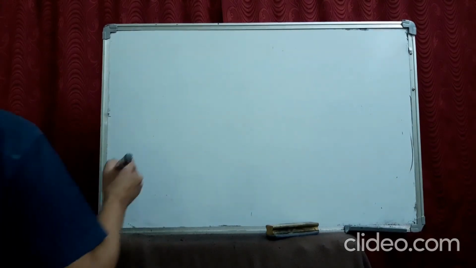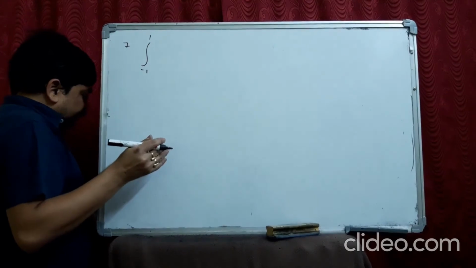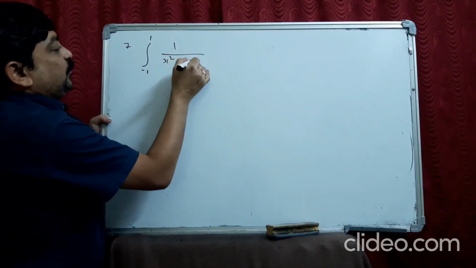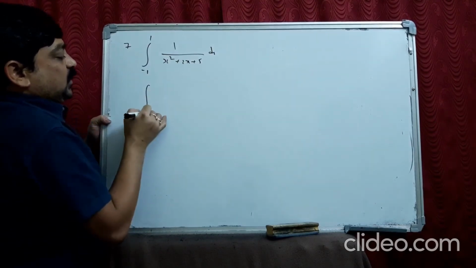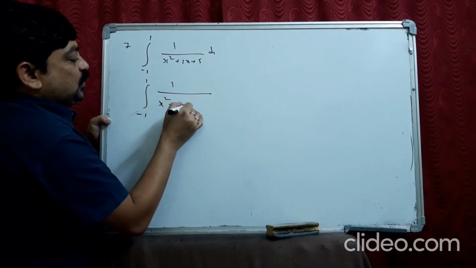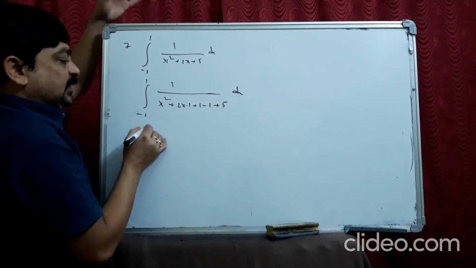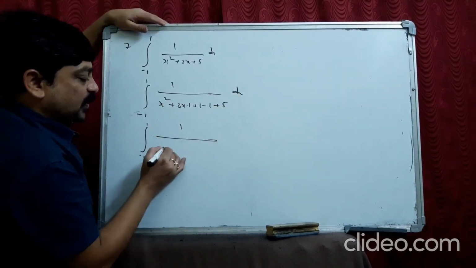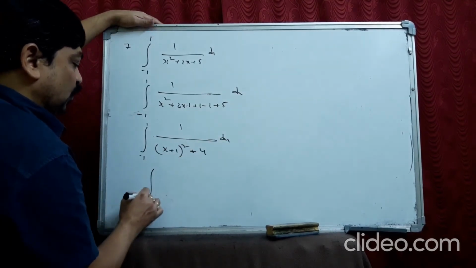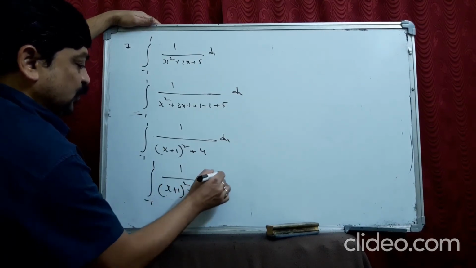See the 7th question. Integration minus 1 to 1, 1 by x square plus 2x plus 5 dx. So what do I do? Minus 1 to 1, I can write this as x square plus 2 into x into 1 plus 1 minus 1 plus 5 dx. So minus 1 to 1, the first 3 become x plus 1 whole square plus 4 dx. So the whole problem becomes 1 by x square plus a square, with a equal to 2.